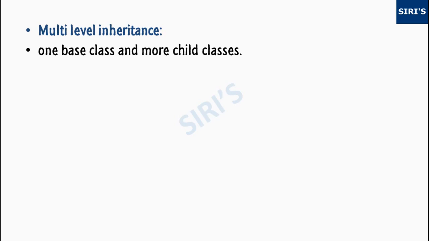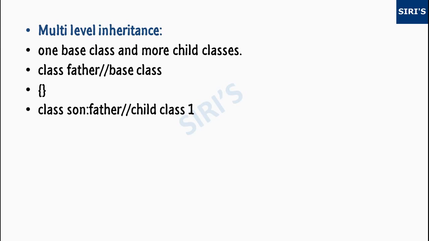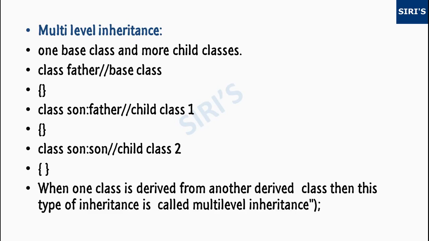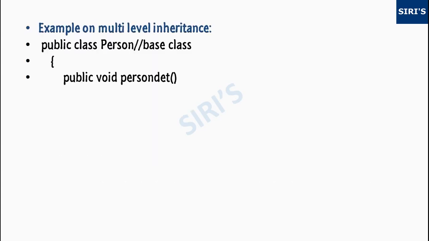Multi-level inheritance. One base class and more child classes. Here is the syntax of it. When one class is derived from another derived class, then this type of inheritance is called multi-level inheritance. Here is an example.